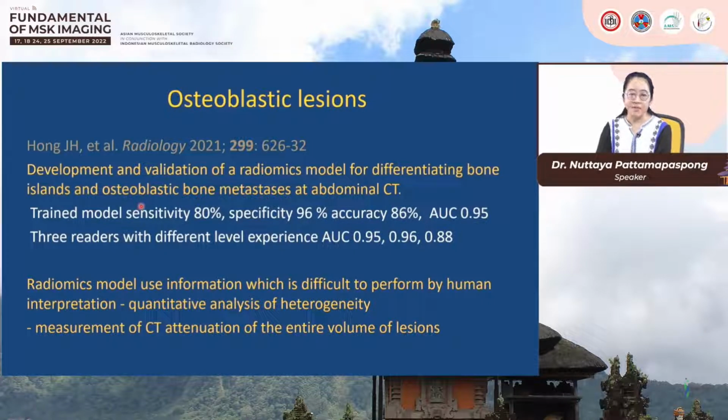The benefit of using a radiomic model is that it can quantify the heterogeneity of the signal intensity and density in the lesion, as well as measure CT attenuation for the entire volume of the lesion. This is a capability that human beings cannot perform.